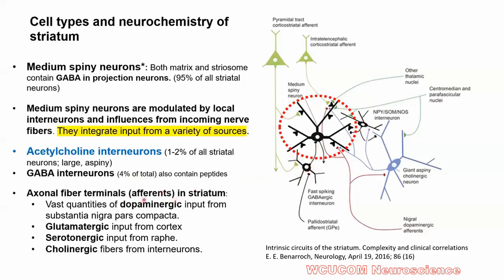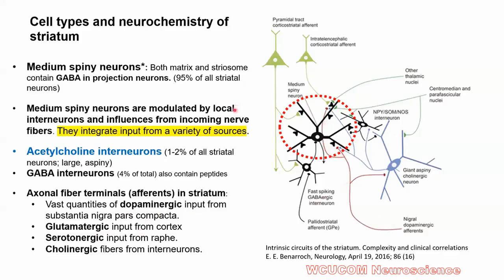Now, once again, it is very important to understand the variety of inputs and the sources of axon terminals impinging on this main neuronal type, which is to say that vast quantities of dopaminergic afferents are coming in from substantia nigra, pars compacta, for example.